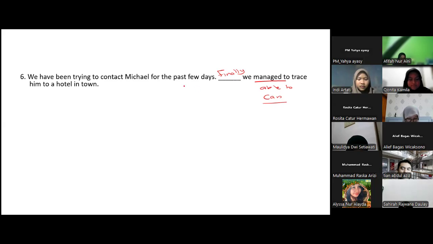The trick is to understand the English statement in Indonesian, then use the Indonesian connector and translate back to English.